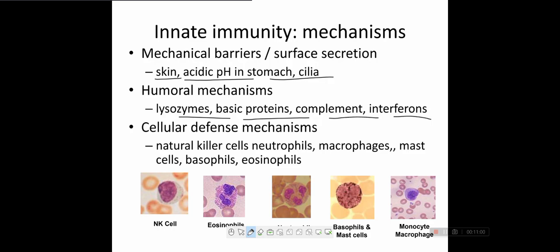And in the cellular defense mechanism: natural killer cells, neutrophils, macrophages, mast cells, basophils and eosinophils. These are all innate immunity mechanisms. Mechanical barrier, humoral mechanism, cellular defense mechanism. This is the innate immunity mechanism. Clear?